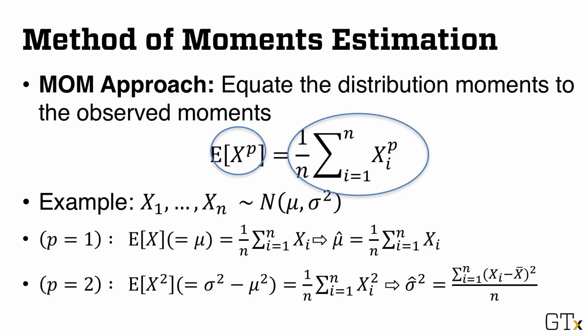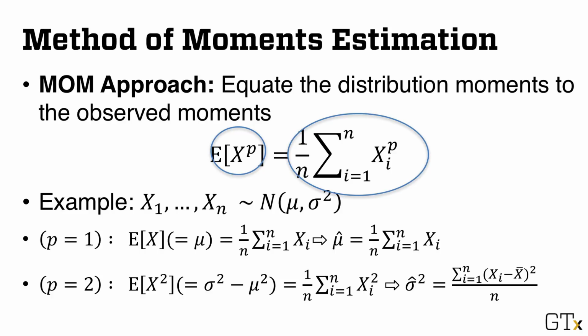To be more specific, we equate the population pth moment to the pth sample moment to obtain this equation. This equation will be a function of the parameters for specific power values of p. We usually consider equations for small powers of p, for example, p equal to 1, p equal to 2, and rarely higher.